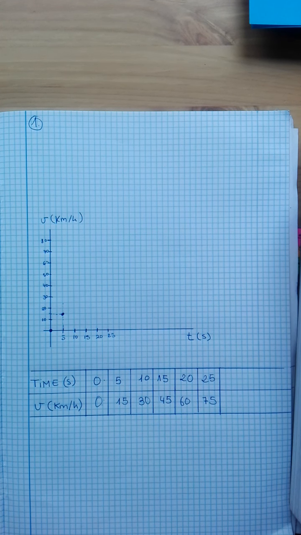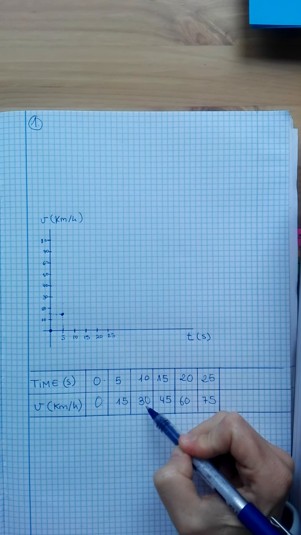And so on. Next point, 10, 30. So 10 in time, this is 10 in time, and 30 in speed. So 10, 30 is going to be my next point. Very good. And 15, 45. So 15 in time, 45 is here. Between 40 and 50, 45.